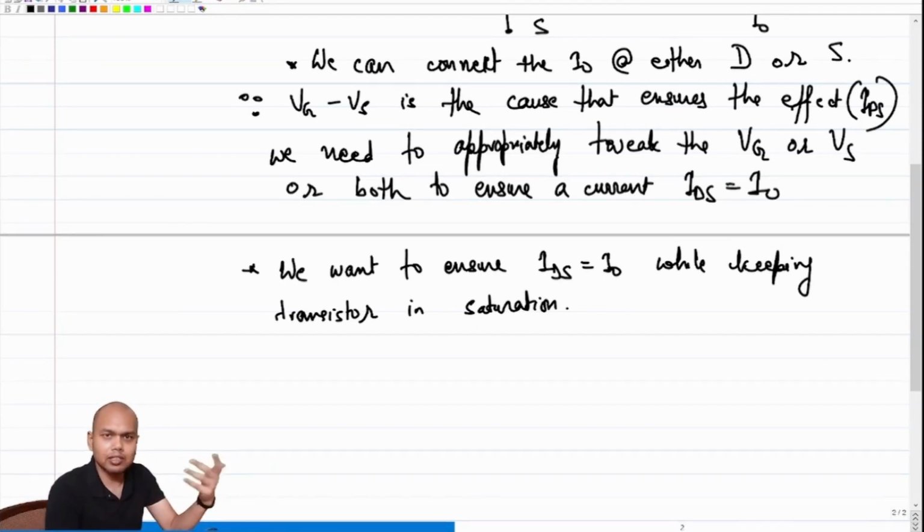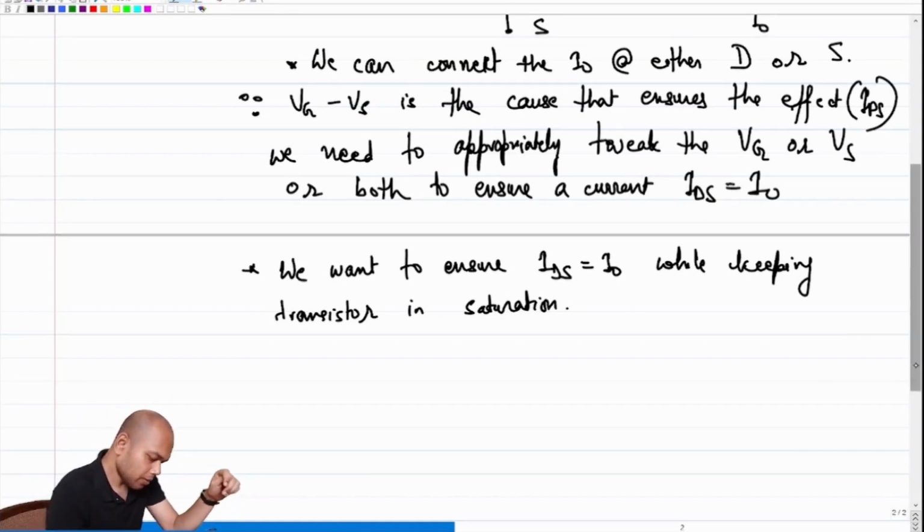By bad, I mean the transistor can go out of its proper operating condition, right? So in order to ensure that while the transistor is biased with a constant current source, it should also be in saturation. If it's not in saturation, you cannot use that bias as an amplifier, right? So that's the whole context of it.